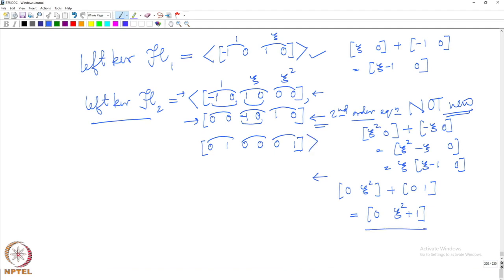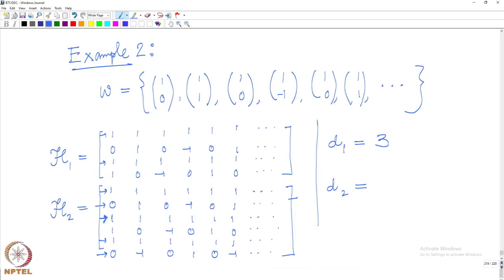So, actually, and this obviously is linearly independent with this guy. So, in fact, I have 3 linearly independent vectors in the left kernel of H 2. What is the size? Size is 6. So the dimension I know is bigger than or equal to 3, but it cannot be more than 3, because if it is more than 3, then the dimension of the left kernel will be less than 3, correct.